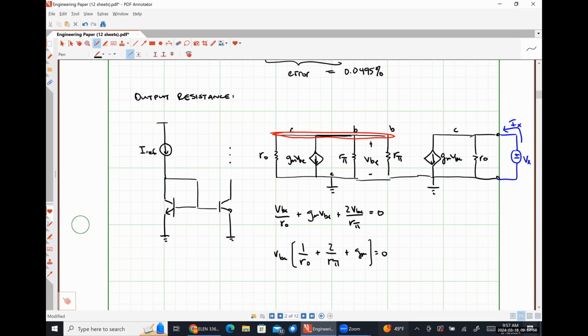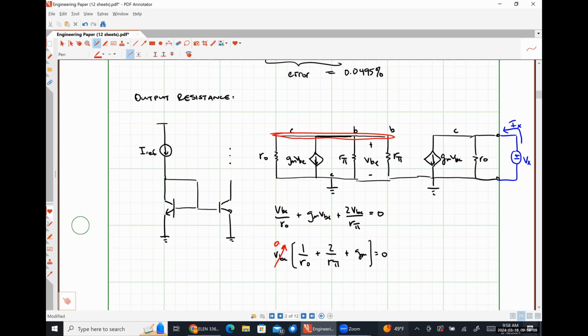So everything inside the brackets will never be 0. So how is it possible that this expression would equal 0? VBE was 0. Absolutely right. So VBE must be 0. So what's our output resistance then? R naught. That's it.